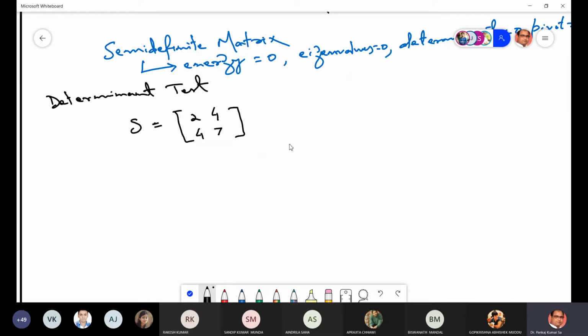The very simple test: its determinant is less than 0. 2 times 4 is 8, minus 7 times 4 is 28... the determinant is 8 minus 28... So the determinant is less than 0. So hence it's not positive definite.